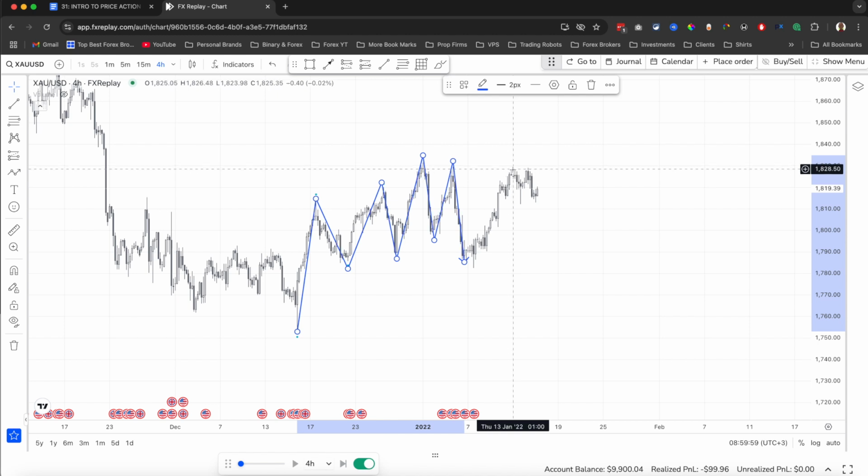Then we'll see that this high ends up taking out this low if we continue. My point was, if the low takes out the high, then it becomes a strong low. If the high takes out the low, then it becomes a strong high. So this one will become a weak high.